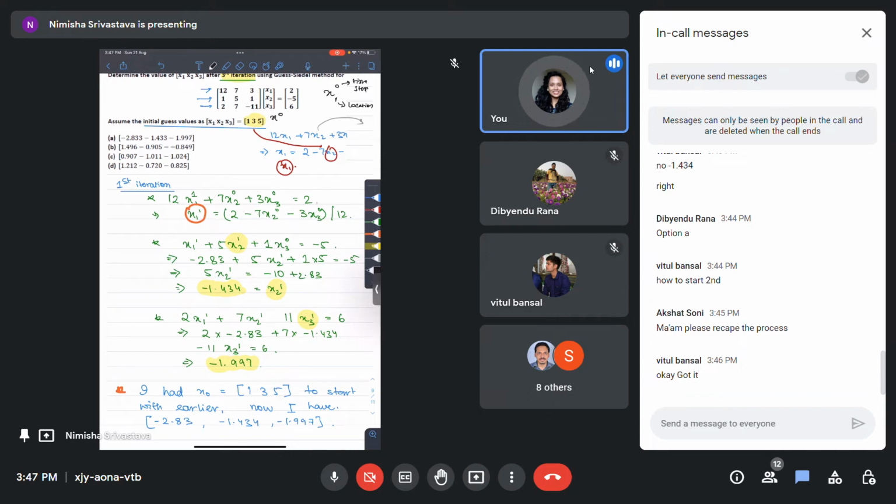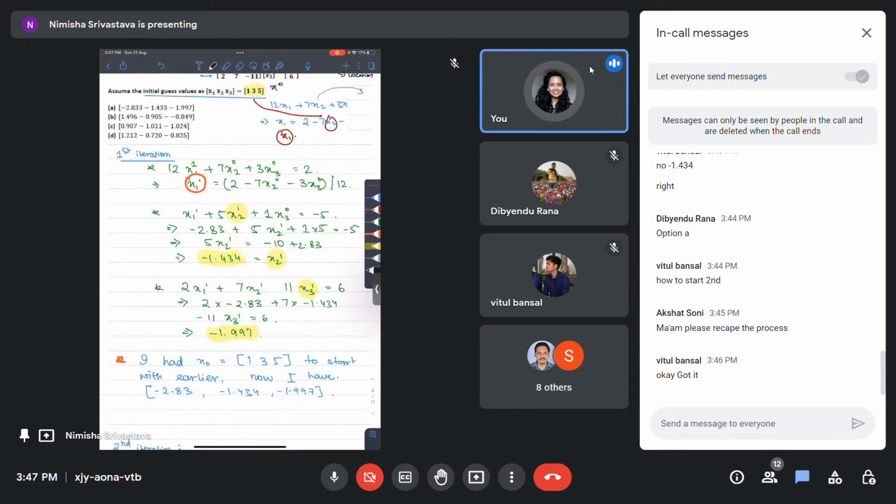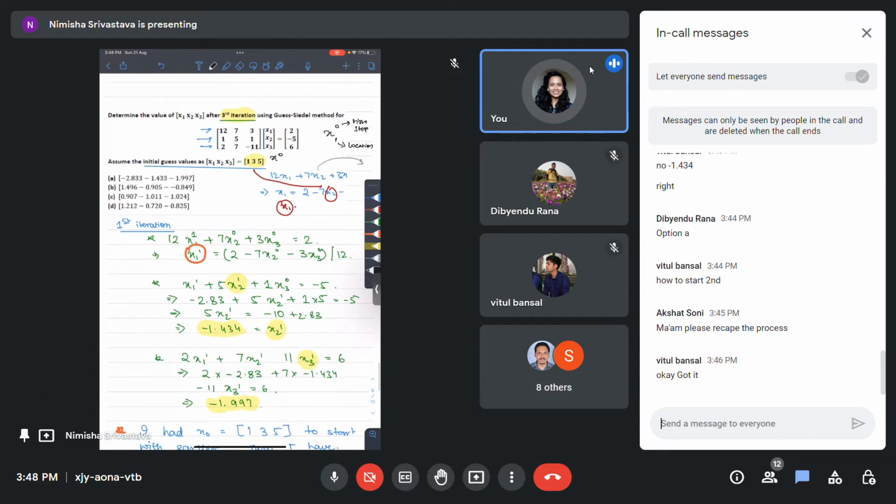Once I have my x1 at the first time step, I can plug it into my equation for finding the x2 at the first time step. So once again I went with the normal equation, 1 into x1 plus 5 into x2 and everything.